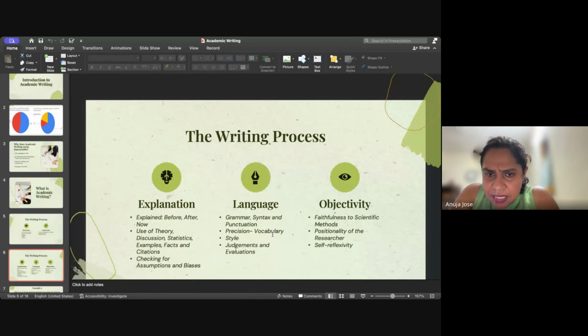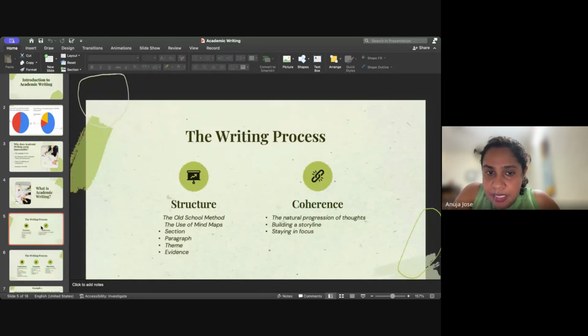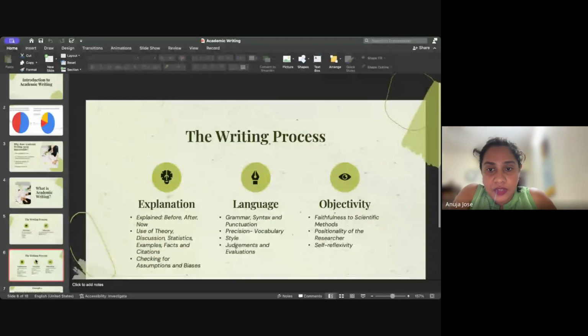Okay, in the previous slide, this is what I discussed. We have so far discussed structure, coherence, language, explanation, and objectivity. And I hope it's clear.